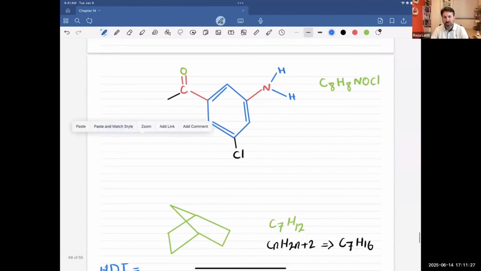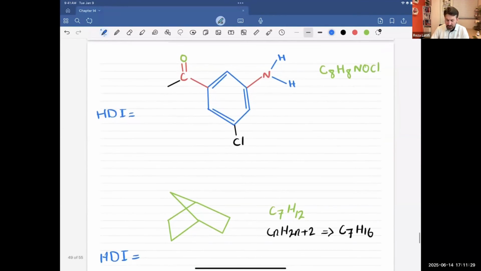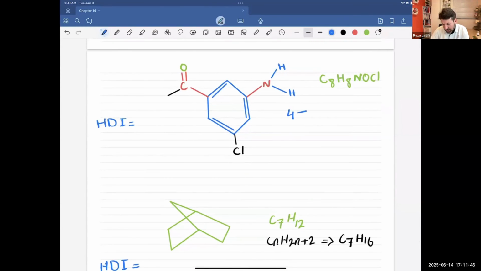We have 2 more examples. In the first one, I see a ring, nitrogen, chlorine, and also a carbonyl. Let's say we have 4 pi bonds and 1 ring. That gives a hydrogen deficiency index equal to 5. Now let's practice the formula.